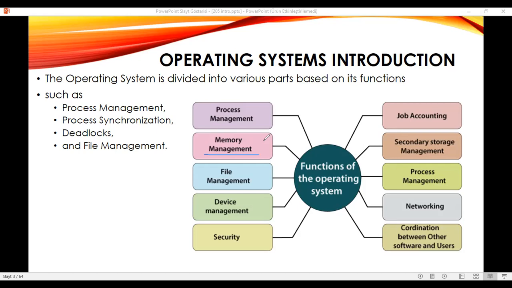There are other things like file management, device management, security, job accounting, secondary storage management, networking, and coordination between other software and users, which we will see in more detail in the future.